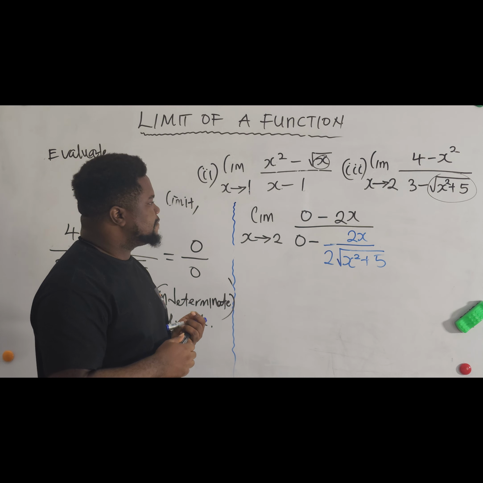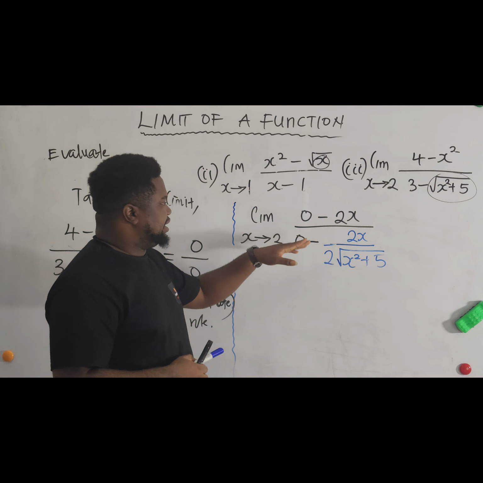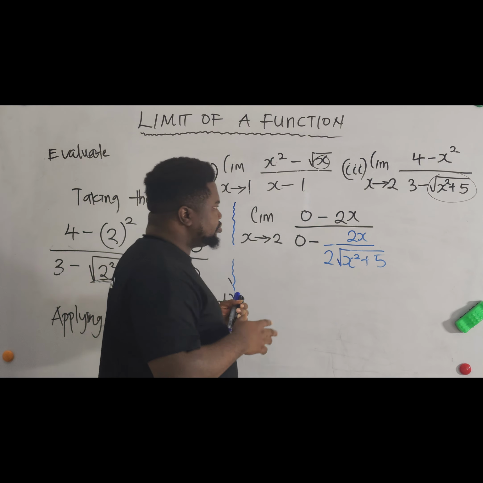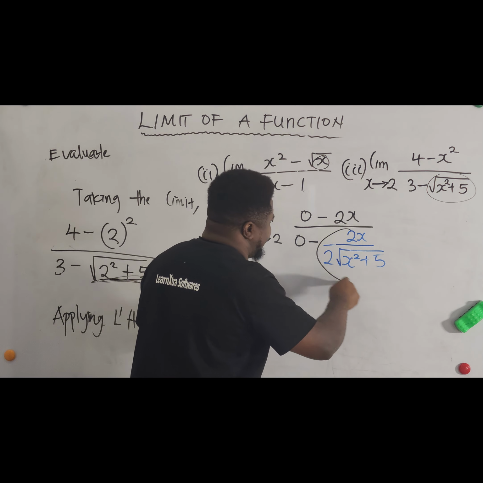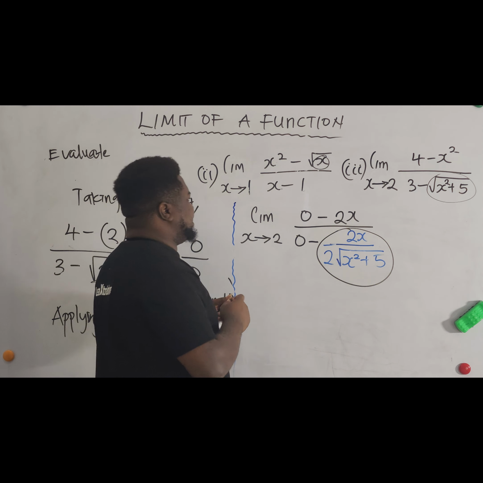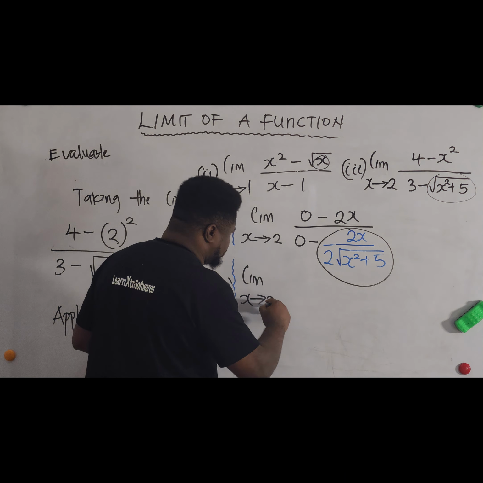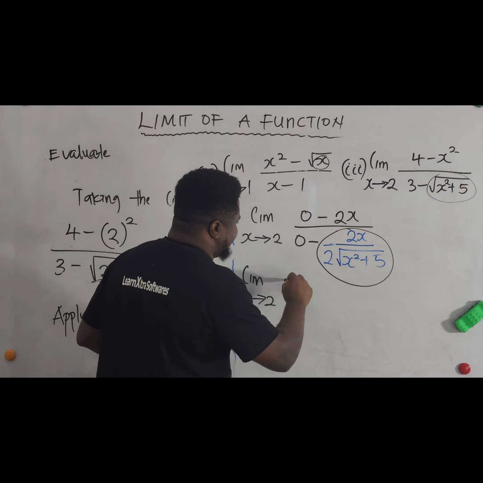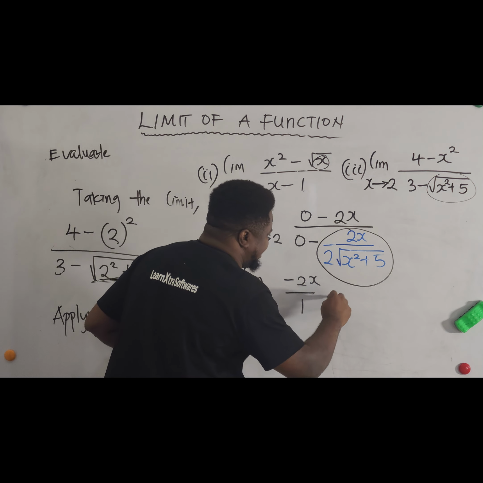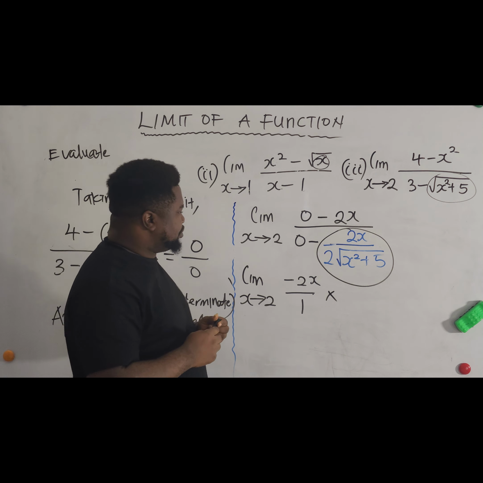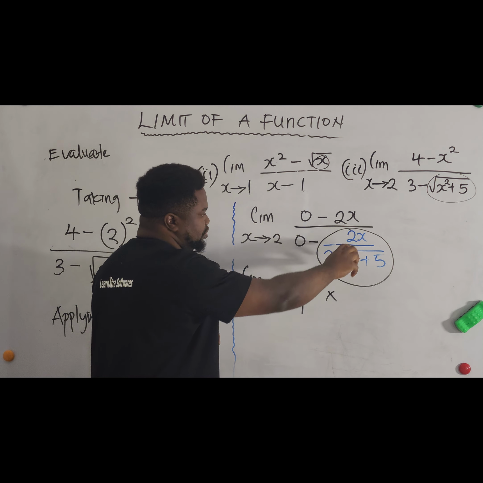I hope you can. If this will confuse you, just take your limit directly. This term and this are together. So I can still say that this is limit as x goes to 2 of negative 2x over 1 times, you know what happens when we change division to multiplication?